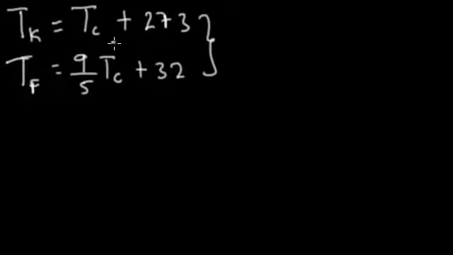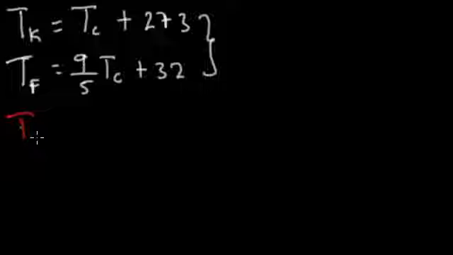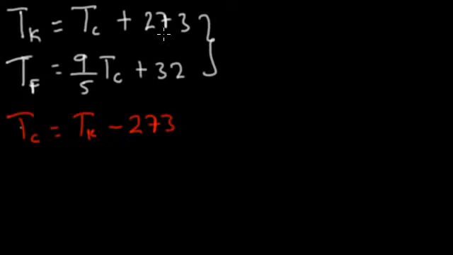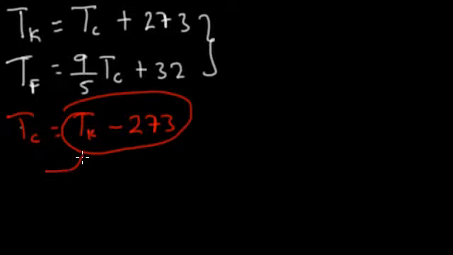If we isolate T sub C, you can clearly see that T sub C will now end up being T sub K minus 273 by the time we subtract 273 from both sides of this equation. And hence, we have the equation that can help us to convert temperature in Kelvin to temperature in Celsius.